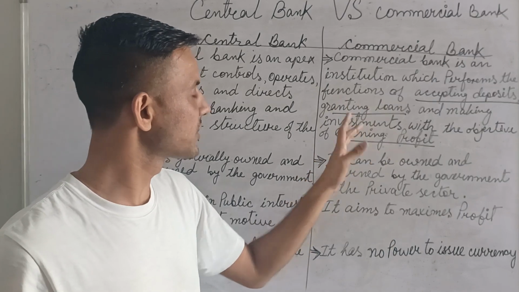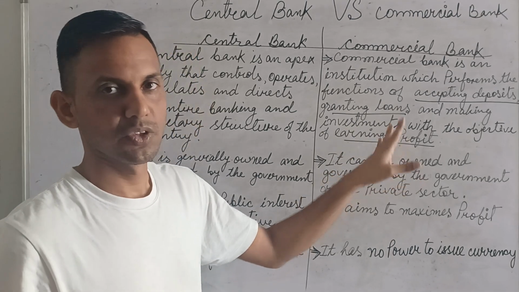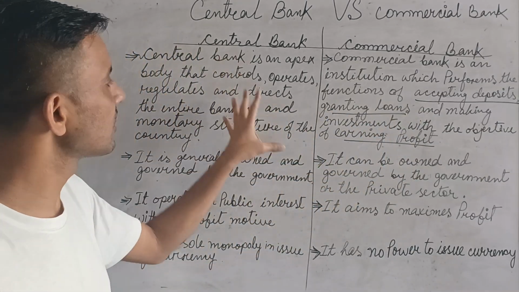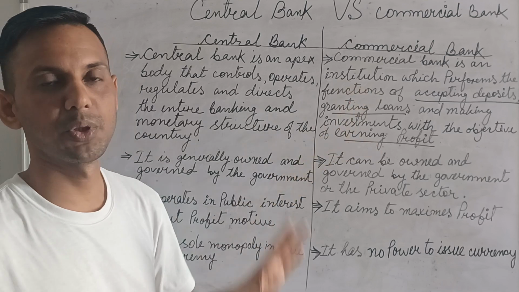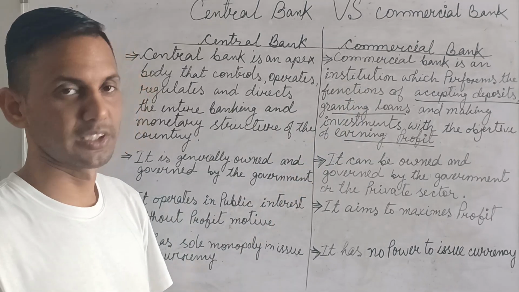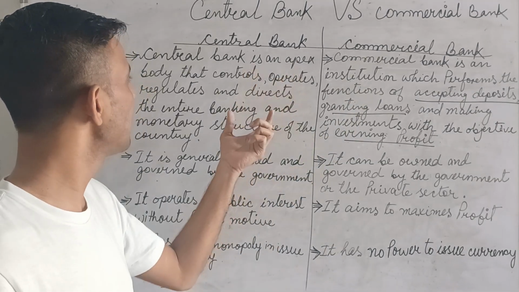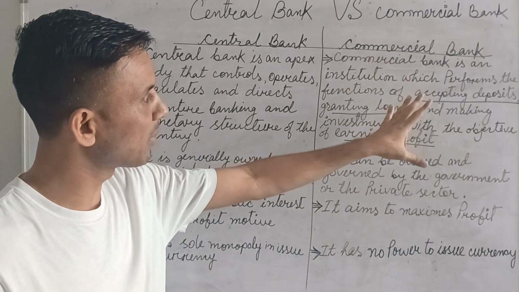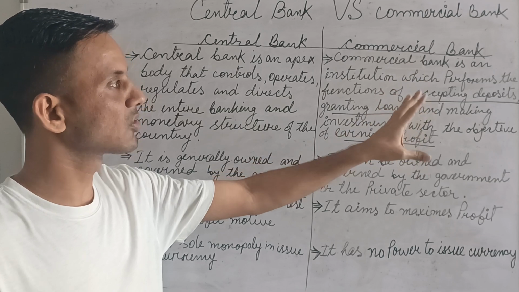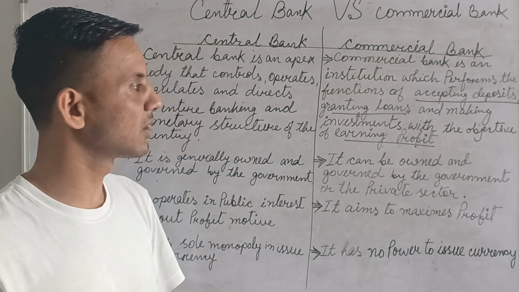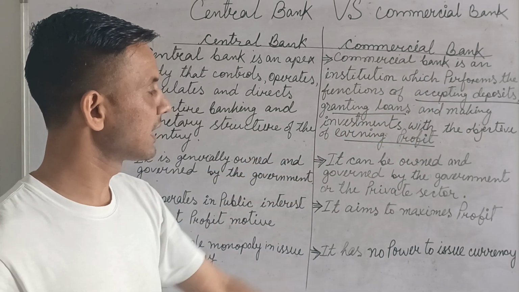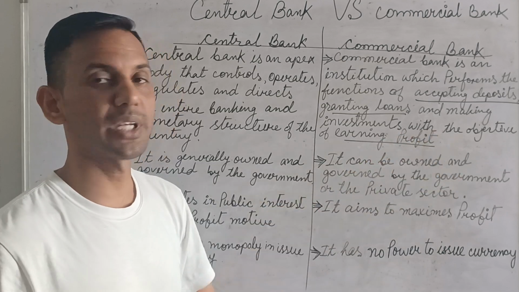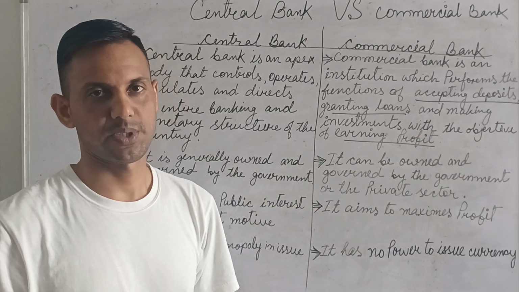What is the main reason? To earn profit. This is the first difference: the central bank is the apex body which controls, operates, regulates and directs, while for commercial banks the main function is accepting deposits, granting loans and making investments with the objective of earning profit.